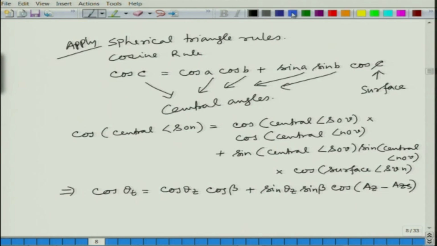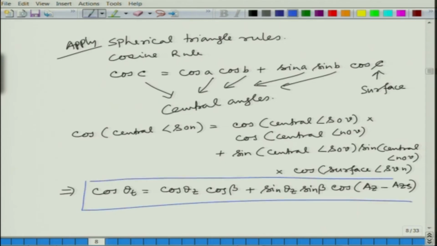Okay. So, this is very simple, right. We just use the cosine rule on this particular imaginary circle that is centered at the observer location.